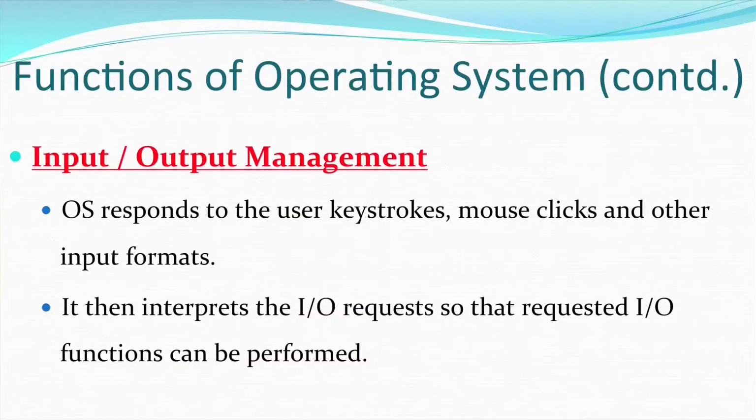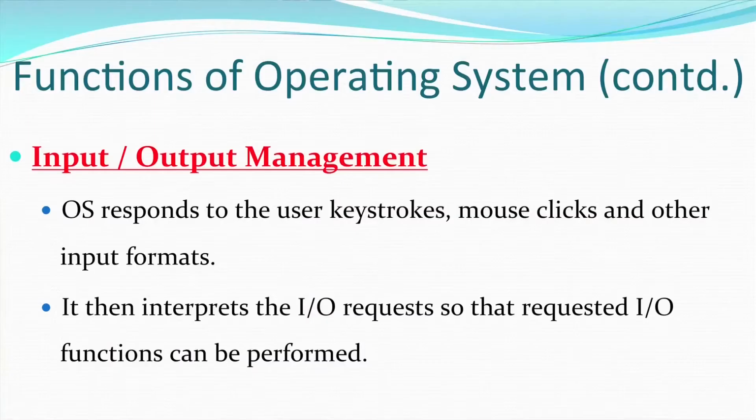We move on to the next function of the operating system, that is input output management. A computer consists of input and output devices. You know that there are various devices connected to the computer. So, the operating system manages the input and output process of the computer as well. It responds to the user keystrokes, mouse clicks and other input formats. It may be in the form of touch screen or audio or video or images.